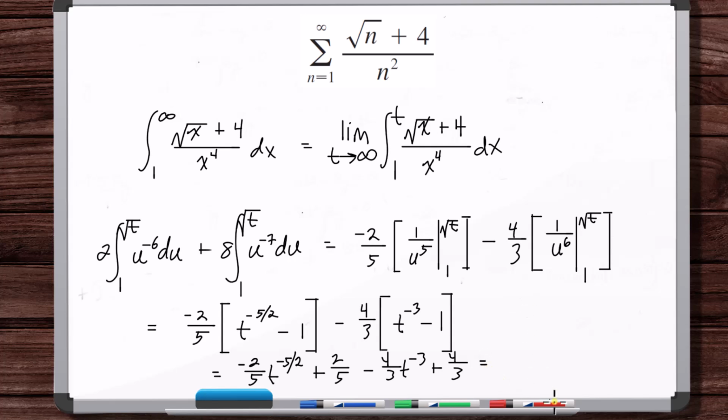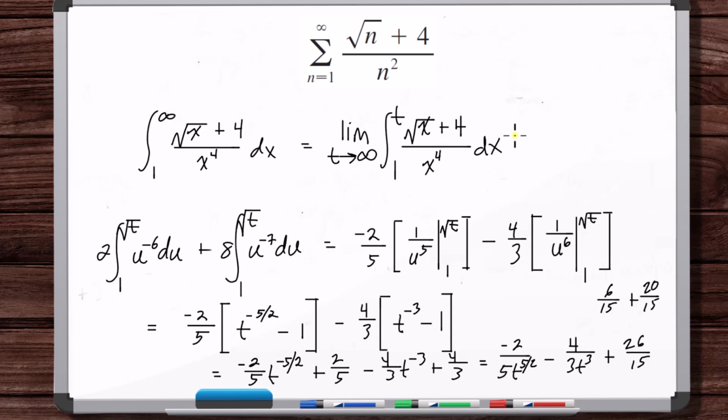Okay, so minus 2 over 5 t to the 5 halves minus 4 over 3 t cubed plus 2/5 plus 4 thirds is what? That's 6/15 plus 20/15. That's 26/15.